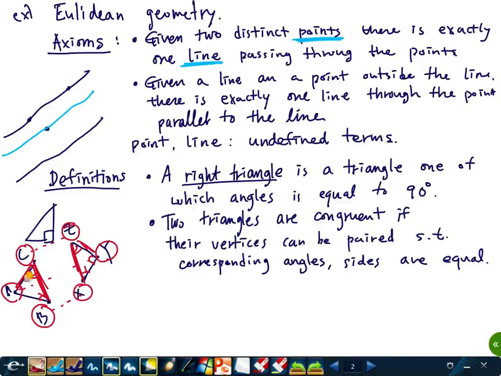So in this mathematical system, you can define whatever you want. You can define very strange definitions. But usually we use definitions which are useful to do something.